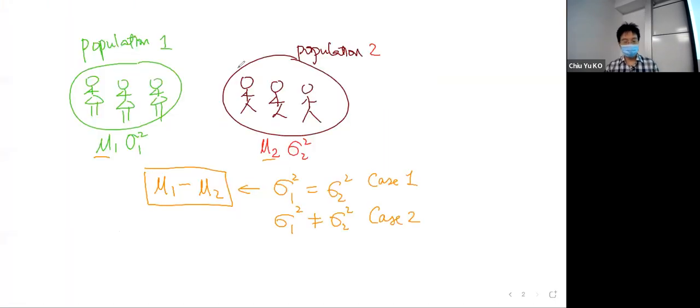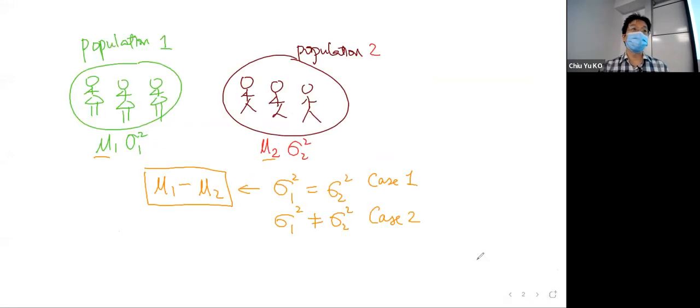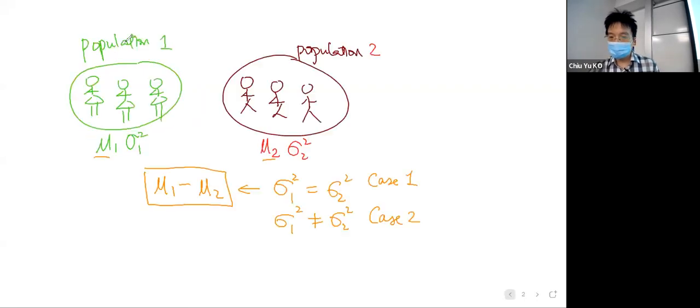Now the second thing we want to look at is another case, what we call a treatment setting. Here we have two distinct groups, men and women.